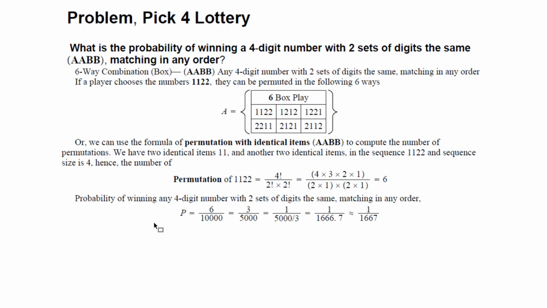So now the probability of winning any 4-digit number with 2 sets of digits the same, matching in any order: we divide the number of possible outcomes for the 6-way box play over 10,000, and we get a chance in 1667.